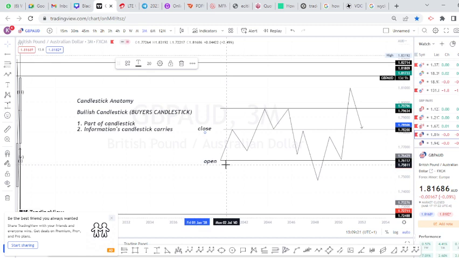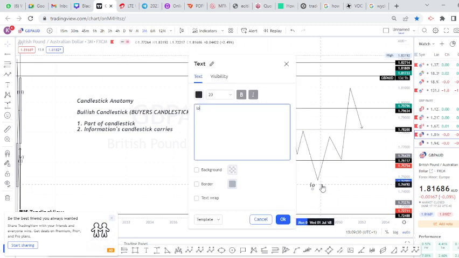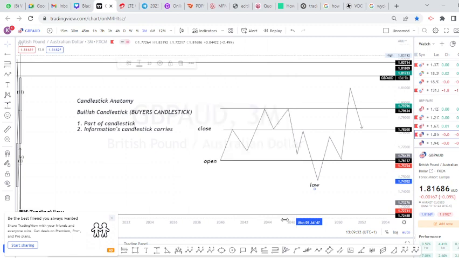Another thing is, what is the total range? The range also covers that particular price. What is the range?